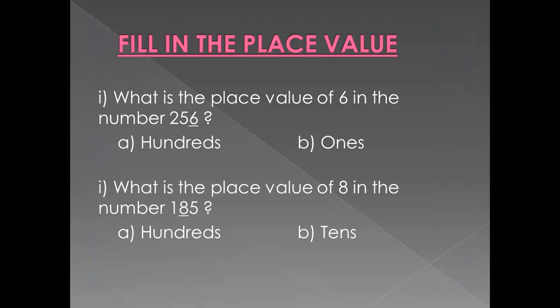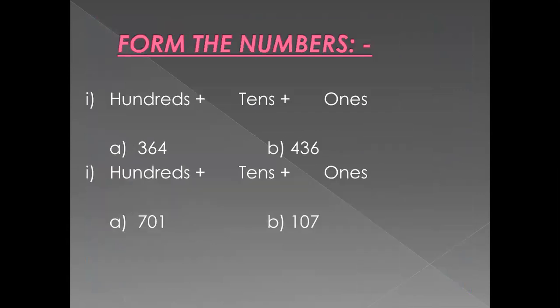So you have to tell the place, whether it is ones, hundreds or tens. Then you have to form the numbers. In the question, it will be mentioned that 4 is in ones place, 6 in tens and 3 in hundreds. So what will be the number?